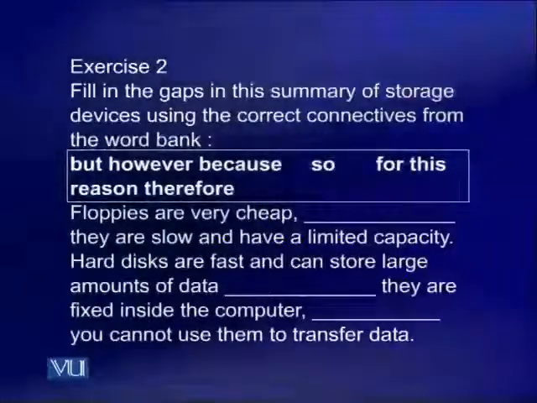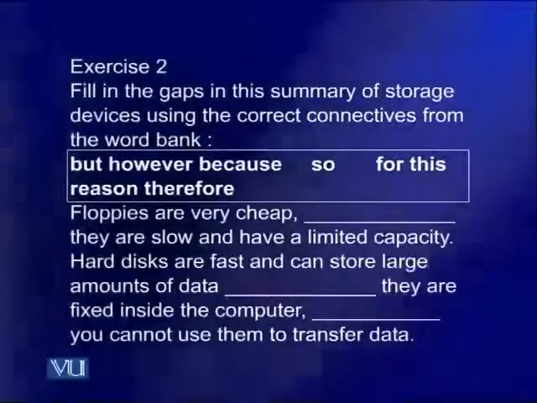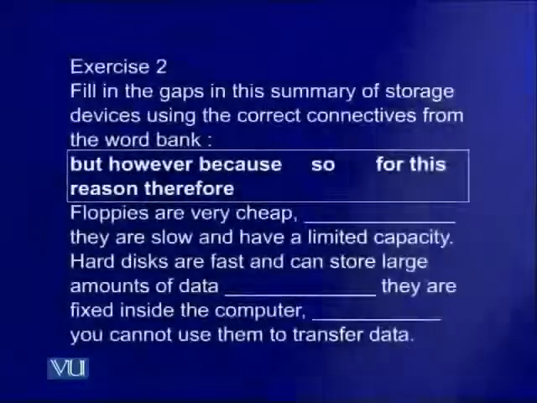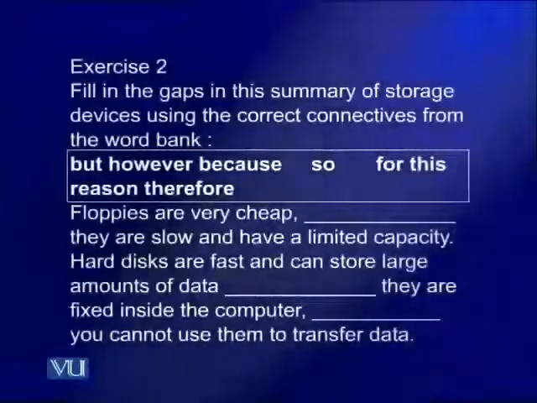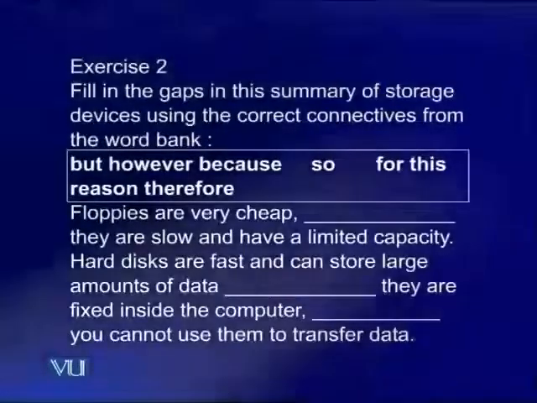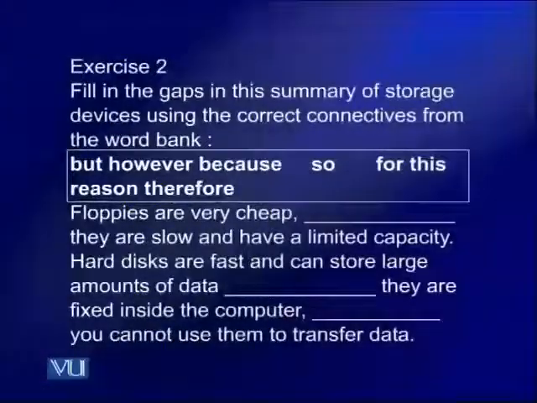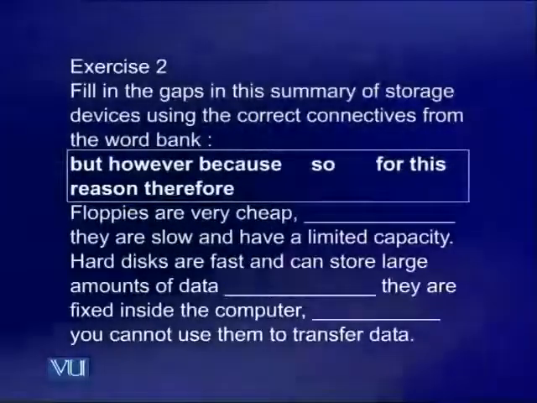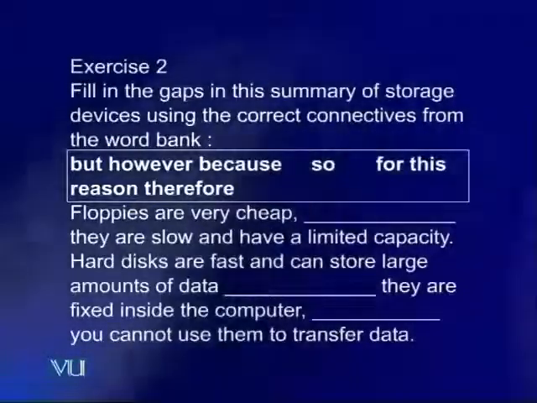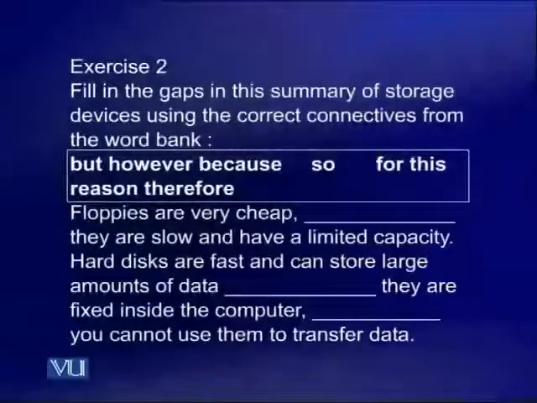Hard disks are fast and can store large amounts of data. Dash, they are fixed inside the computer. Dash, you cannot use them to transfer data. What words would be suitable over here? The words that would be suitable would be however and so.